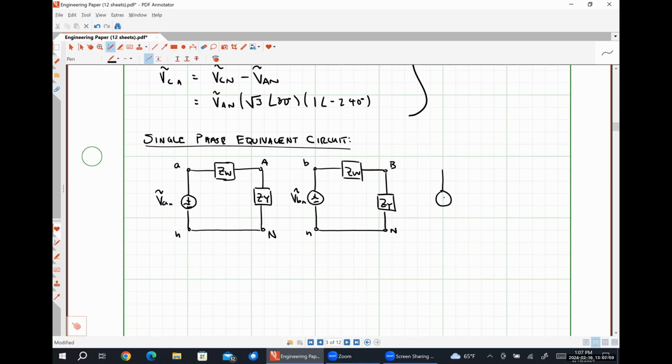And over here on the far right, BCN, VW, ZY.